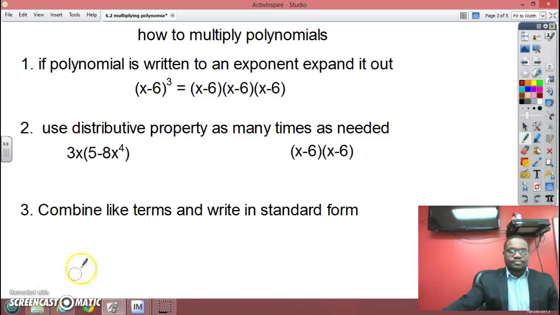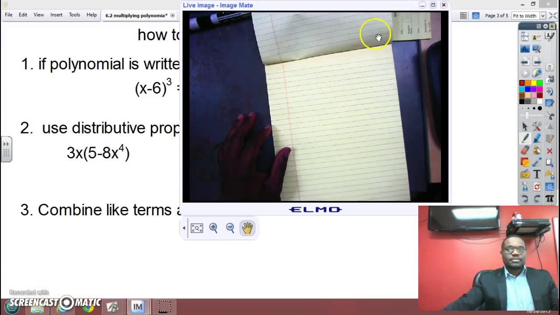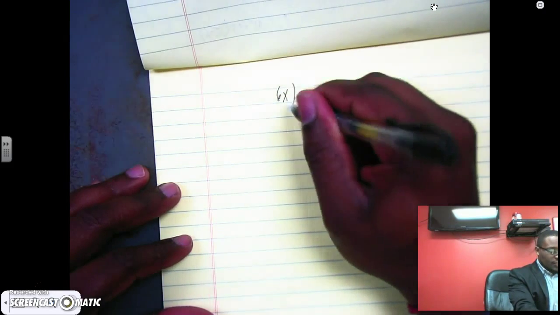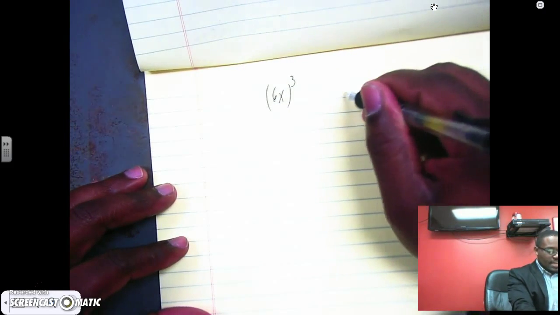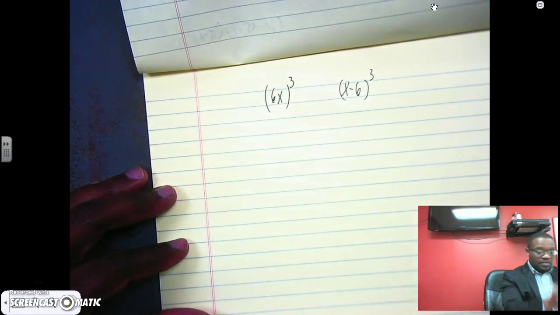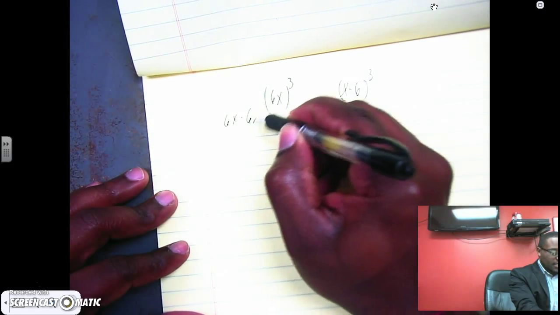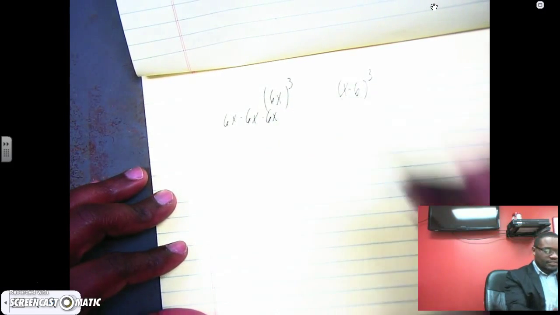So understanding that there's a difference between what you see up there. In fact, let me show you this example real quick. I was just talking about 6x to the third and x minus 6 to the third. Okay? This actually means 6x times 6x times 6x.